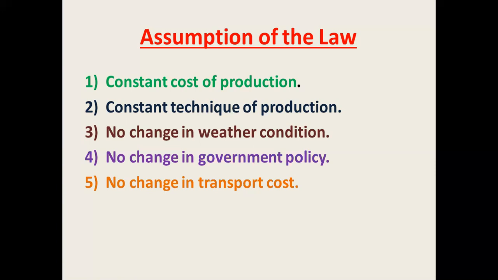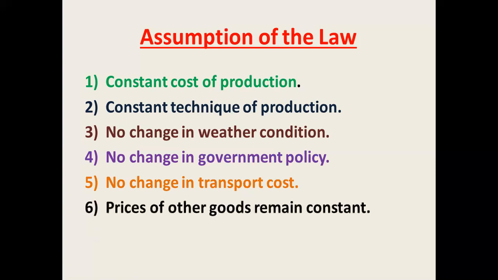The next is no change in the transport cost. The transport cost is included in the final price of that commodity, but we know if it is a constant, then the price is also constant. So there is no change in the condition of the transport facilities and transport cost. For example, a better transport facility increases the supply at the same price.